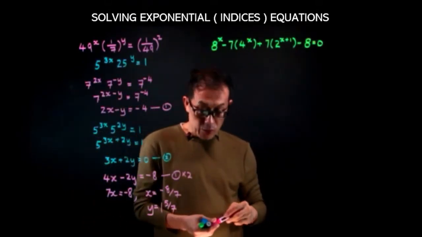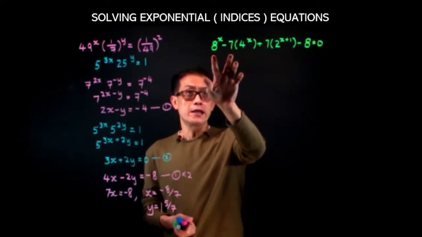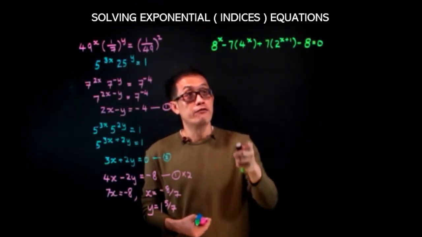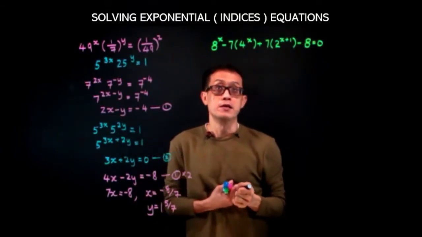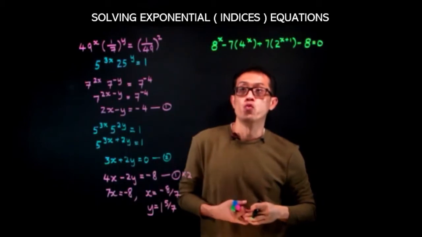Now let's move on to the last question. Now look at this, 8 is 2 to the power of 3 and 4 is 2 to the power of 2, right? So all this we can change it to base 2.